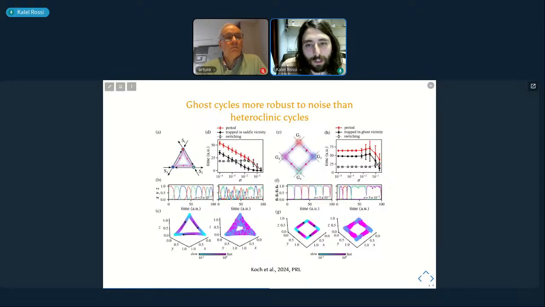But heteroclinic cycles have problems. They can be very structurally unstable. If you change some parameters, they can disappear. They rely on lots of symmetries in your system, whereas ghost cycles not so much. And noise can really destroy a heteroclinic cycle, but it doesn't destroy the ghosts so much.